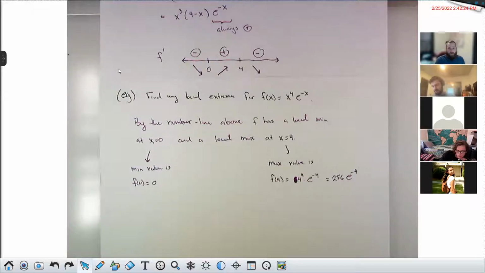But before we talk about it, I want to explain what the second derivative tells us geometrically about the graph of a function. In the same way that the first derivative tells you whether the original function is increasing or decreasing, the second derivative tells you whether the first derivative is increasing or decreasing.